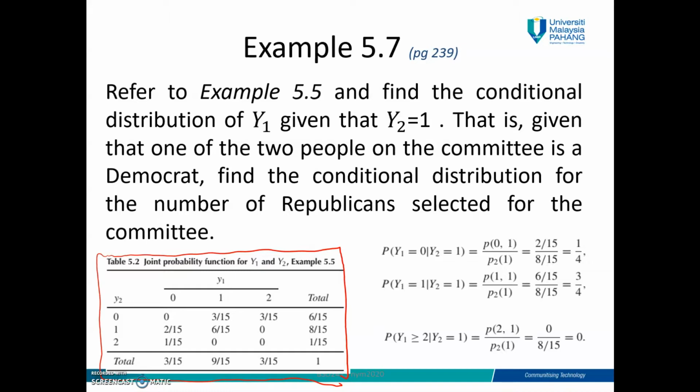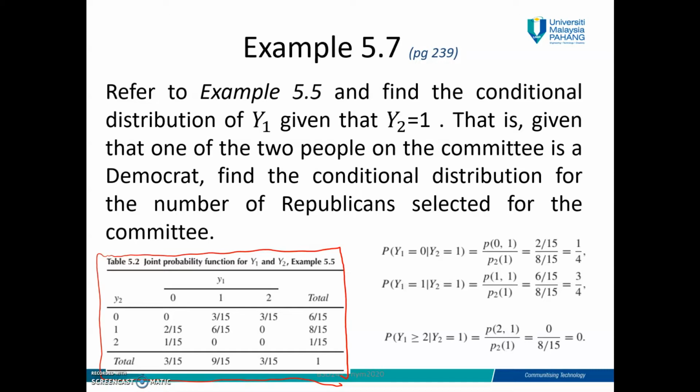The question asks you to find the conditional distribution of y1 given that y2 equals 1, that is, given that one of the two people on the committee is a Democrat. Find the conditional distribution for the number of Republicans selected for the committee.